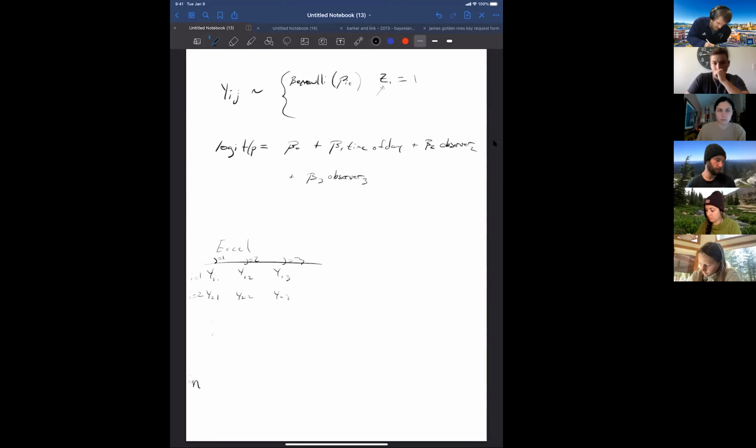Logit of P I. And we need T. Okay, so, I'm going to use betas. I'm going to take that back slightly. I'm going to use betas for our occupancy, not for detection probability. So I'm going to change these to alphas.